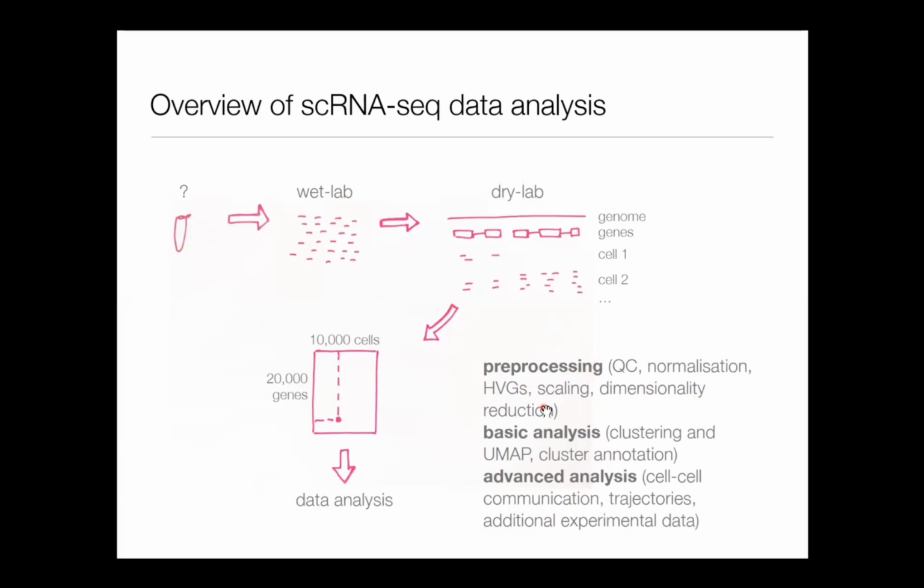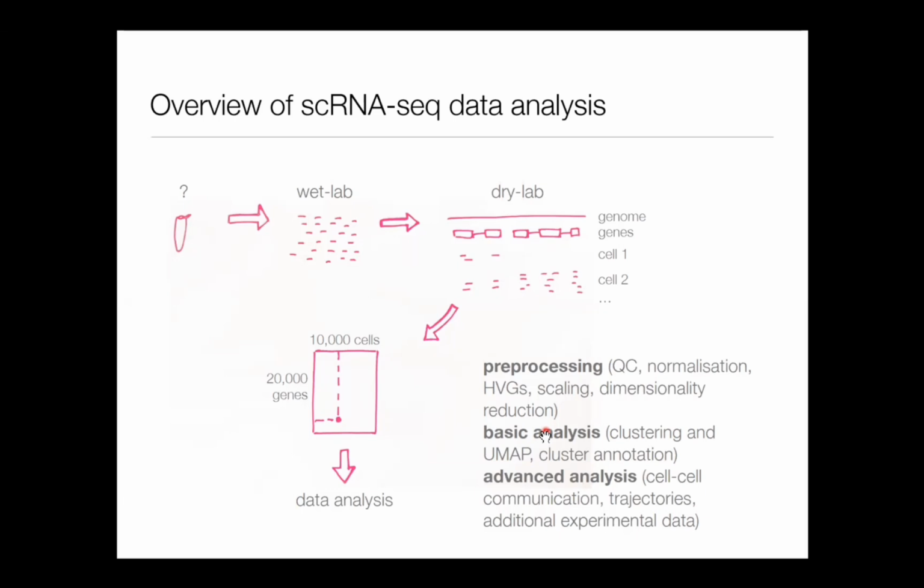What we have to do then is pre-processing. So we're actually cleaning up the data first, so that afterwards we can get the best analysis possible. For pre-processing, we do quality checks, normalization, we find variable genes, and we do scaling and dimensionality reduction.